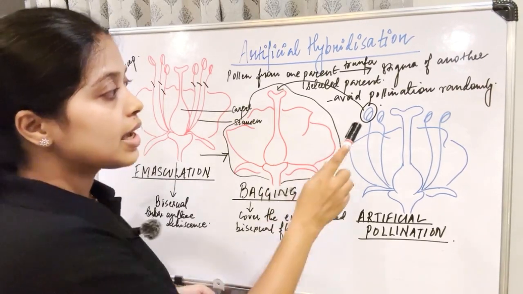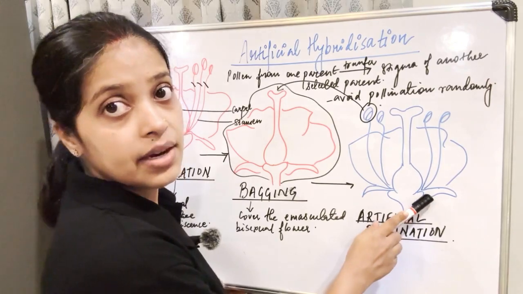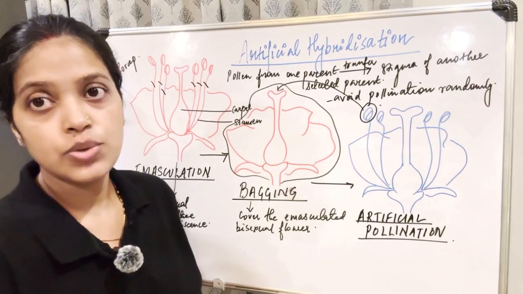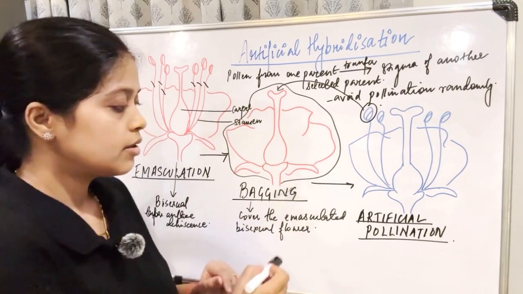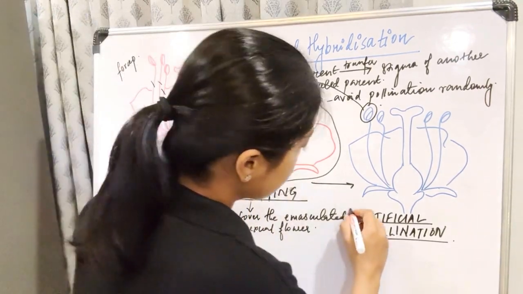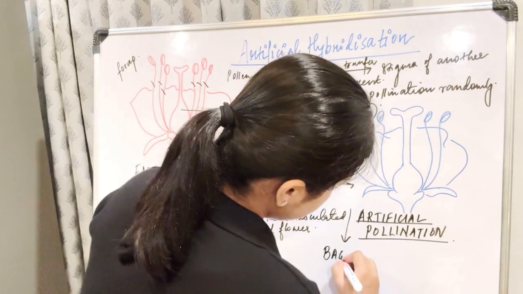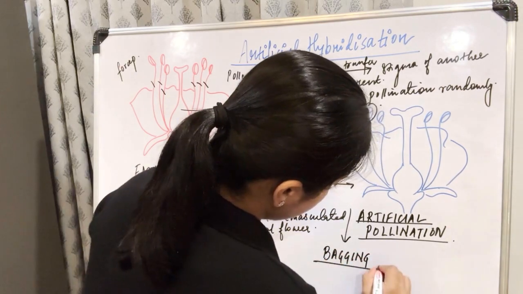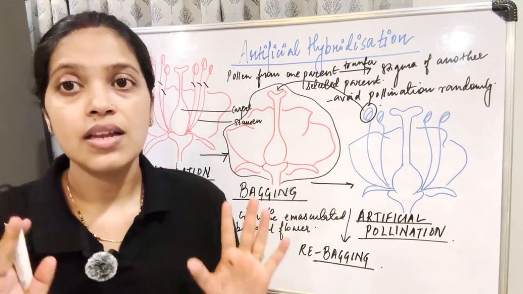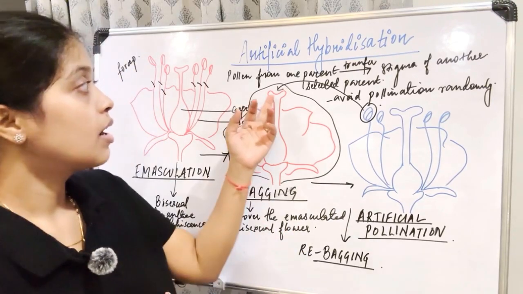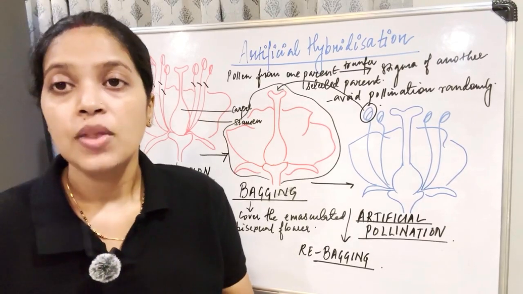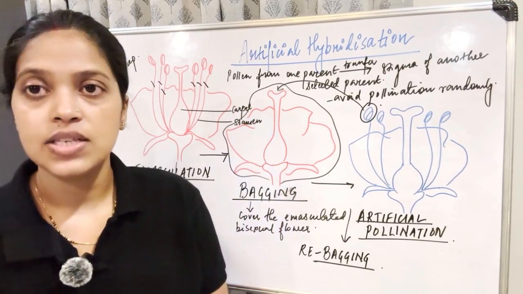So we collect the pollen from one parent and transfer it to the stigma of the emasculated bisexual flower. If it is a unisexual flower, we transfer it to that unisexual flower, and then we again do the bagging. We again cover it, called rebagging, because again there is a chance that any other pollen can come in contact with the stigma. To prevent that, we do the rebagging.